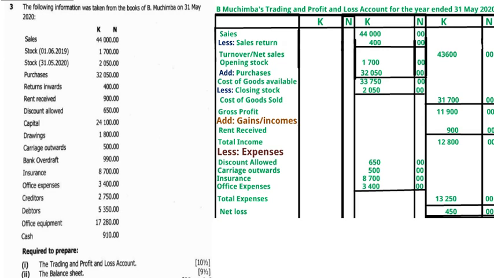Okay, so this is how the trading and profit and loss account for the year ended 31st May for Mr. Muchimba should be.